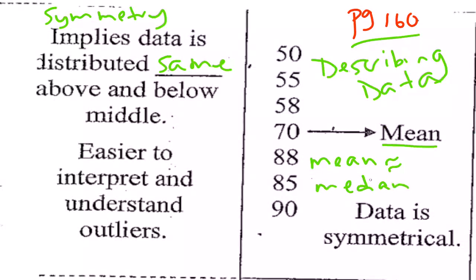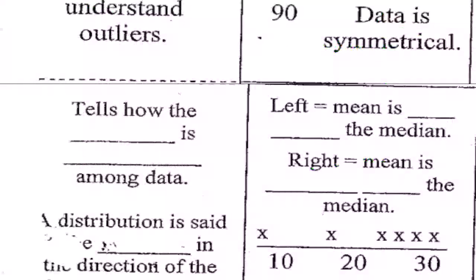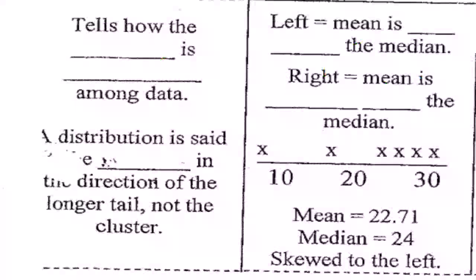In contrast, I'm going to move down, is when we have something and we say it's skewed. And this tells us how the spread is distributed among the data.